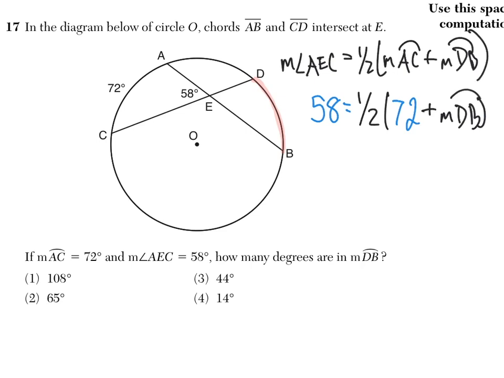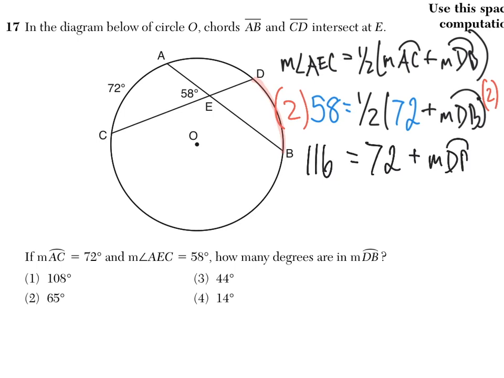All right, and so we're going to need to isolate ultimately this variable. We're going to multiply both sides by the reciprocal of 1/2, which is 2. Multiply the left side by 2, and we'll multiply the right side by 2. 58 times 2 is going to give us 116. And we're left with 72 plus arc DB.